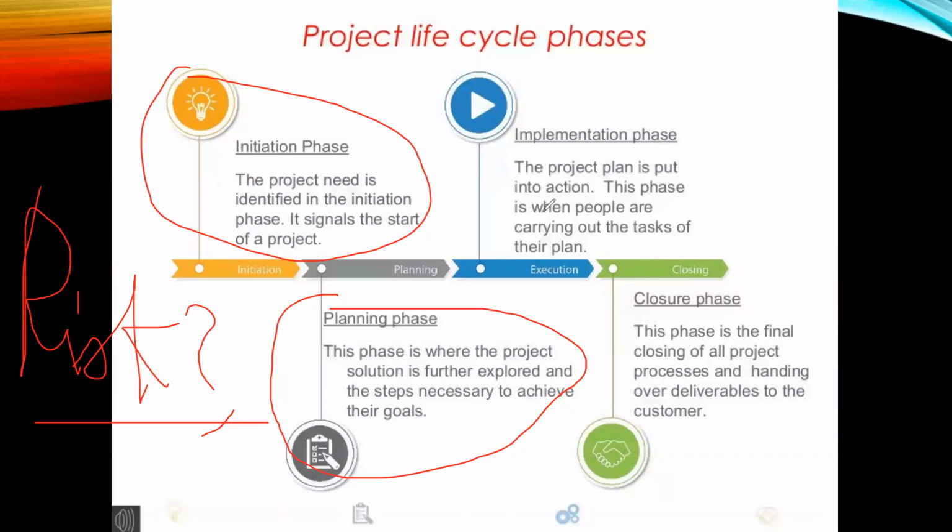Because if a certain problem occurs and you are in the implementation phase, you started executing and you have already started implementing, you cannot go back to planning. So you cannot step back. What is yet to happen over here?